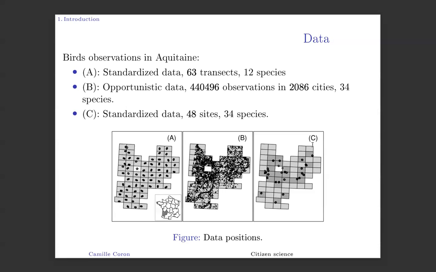The last data set is like the first one, the standardized data set, but with fewer points, and the same species as the opportunistic data set. We will use this one. Our aim is to combine these two data sets to make some estimations, and we will assess the properties of our estimations using the third one.